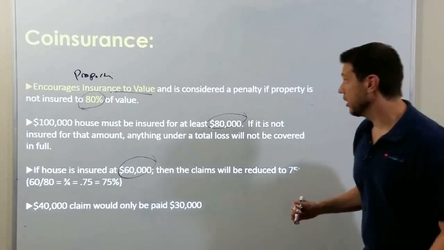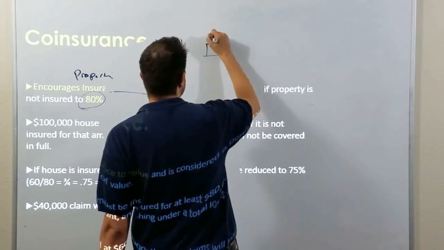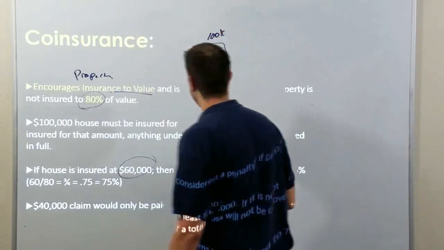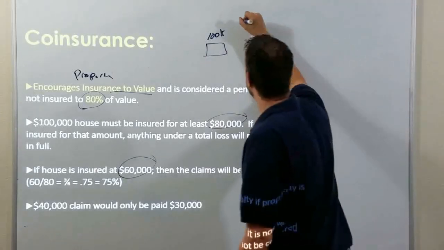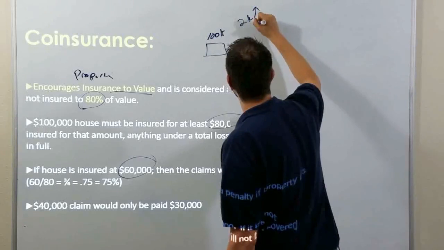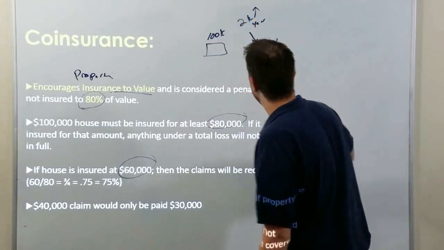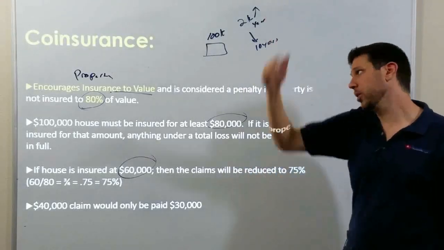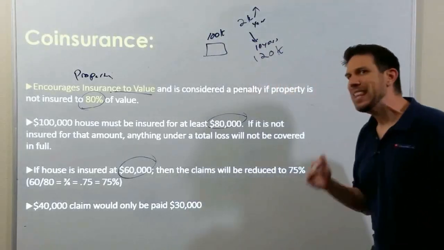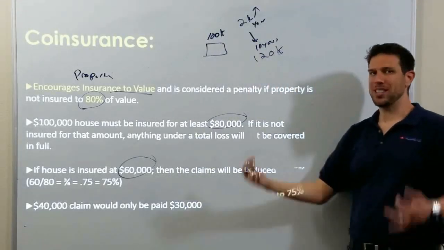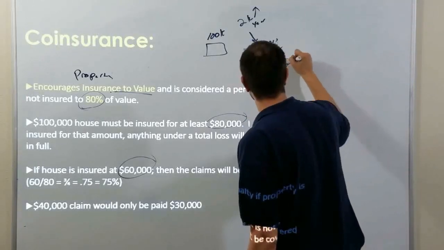So let's run through a couple scenarios. Let's say a house is worth $100,000 today, and it appreciates $2,000 a year for 10 years. The house is now worth $120,000. The minimum you can insure the house for today is going to be $96,000.